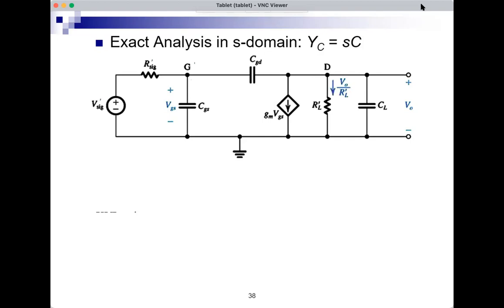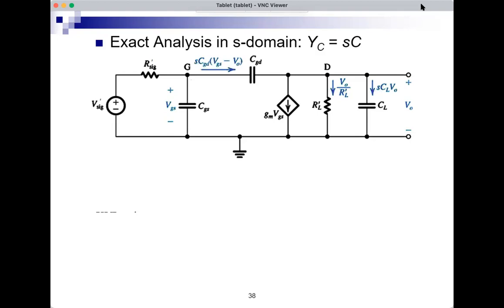The current in R prime L is VO over R prime L, because the voltage across R prime L is VO. The current in CL is SCL times VO, because SCL is the admittance corresponding to CL. The current in CGD would be SCGD times the voltage across CGD, which is VGS minus VO.